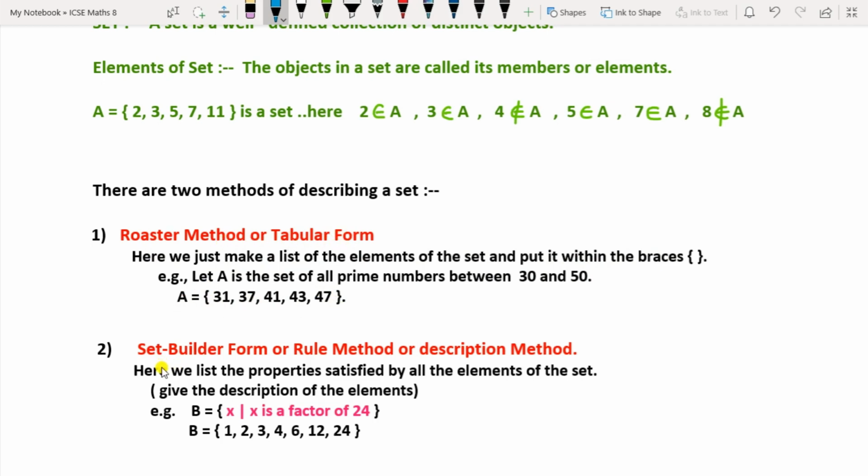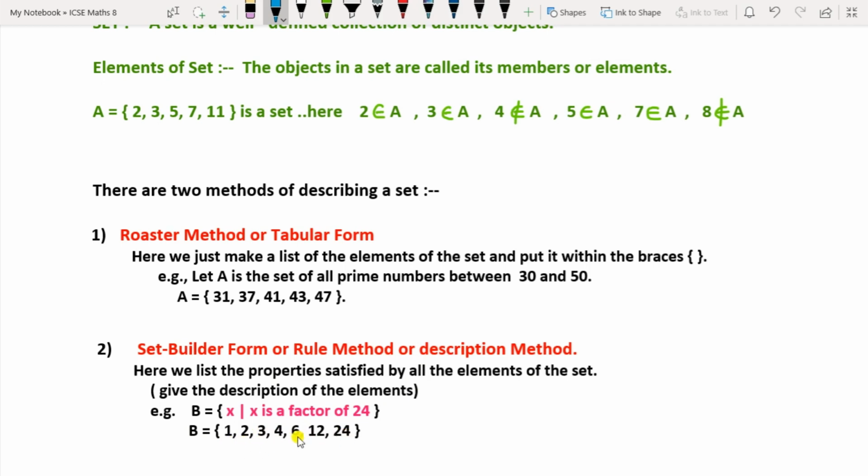Then the second one is the set builder form. Here we have to write the description of the elements. We list the properties satisfied by all the elements of that set. That is called the set builder form, or the rule method or description method. For example, B is a set whose elements are 1, 2, 3, 4, 6, 12 and 24.